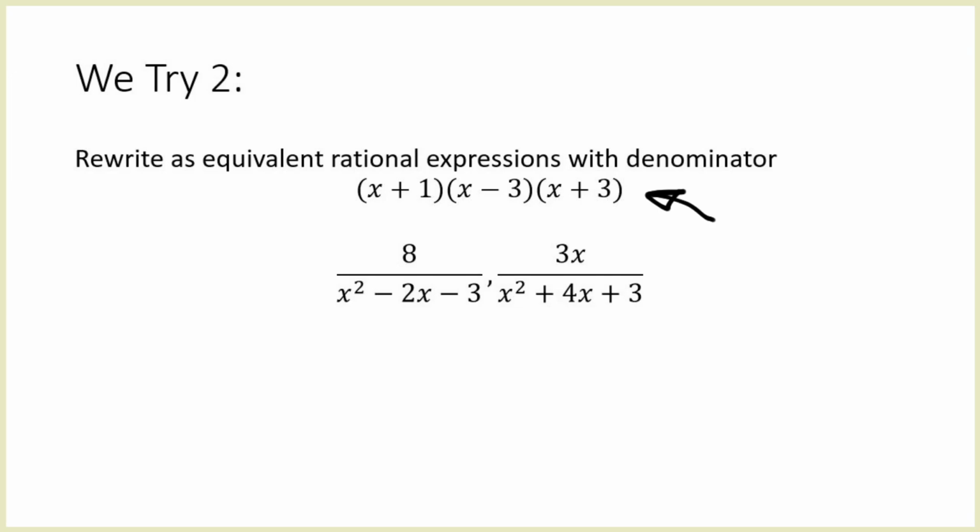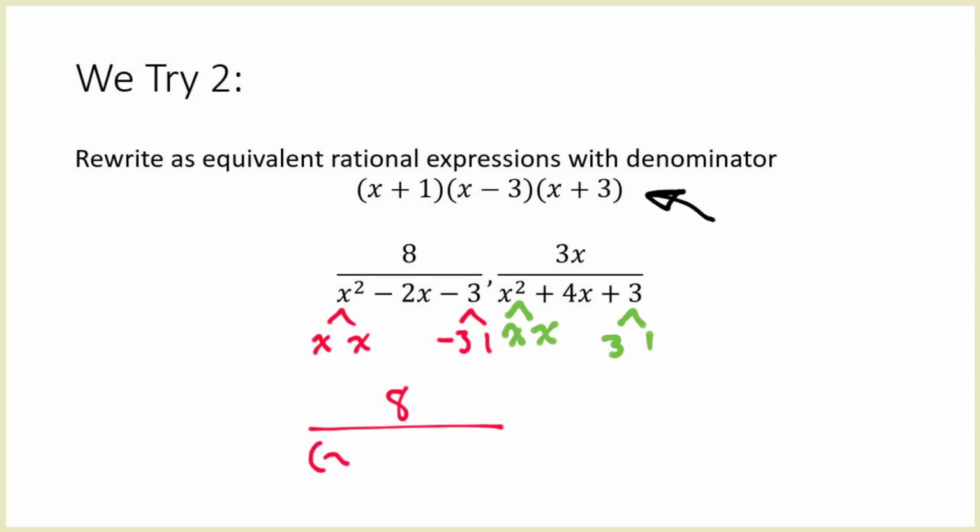So I'm going to factor, and I'll get x times x and negative 3 times positive 1. For the one on the right, I'll get x times x and positive 3 positive 1. Now I'm going to rewrite these as their factored form.